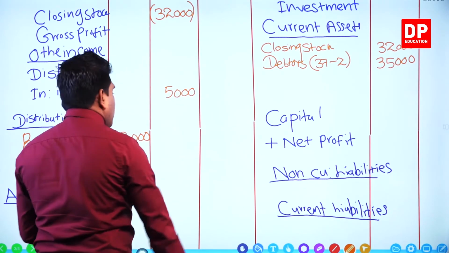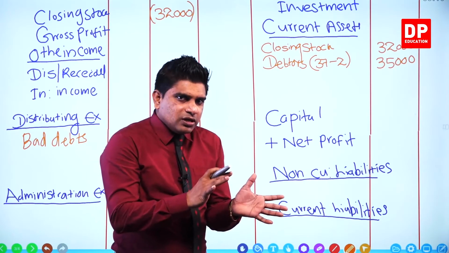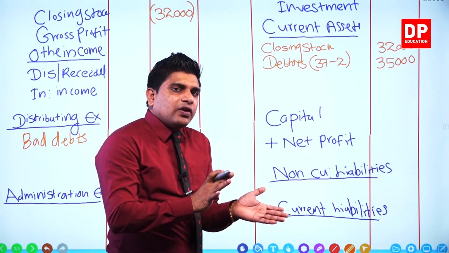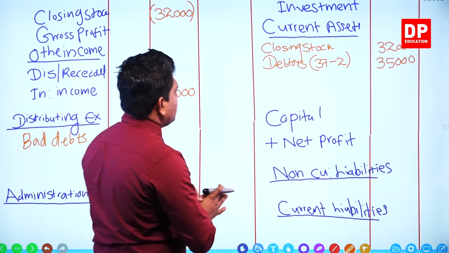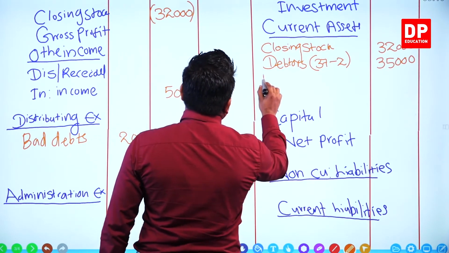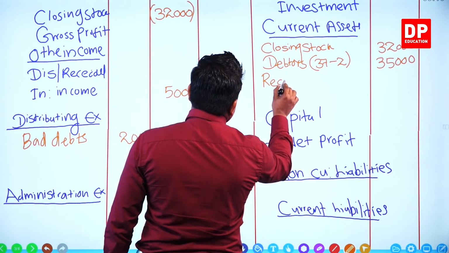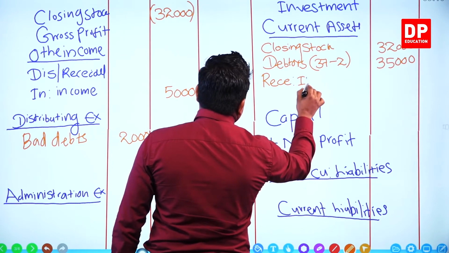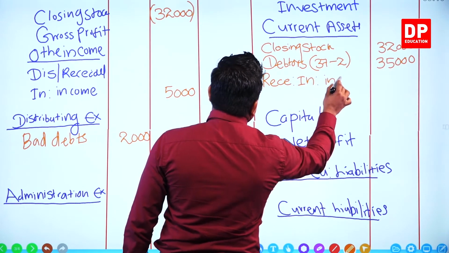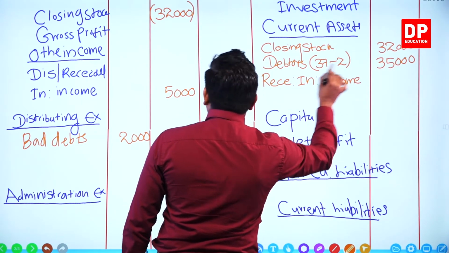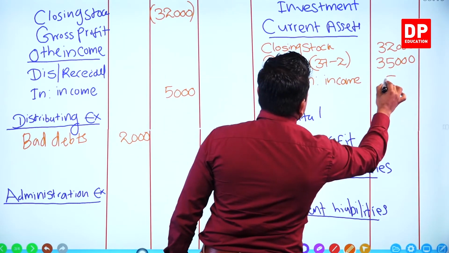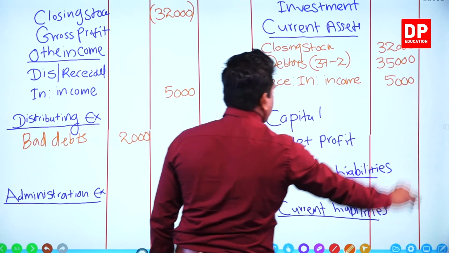The total amount of income to be received, where you write? Under the current assets. Receivable investment income, how much? 5,000. Right, okay.